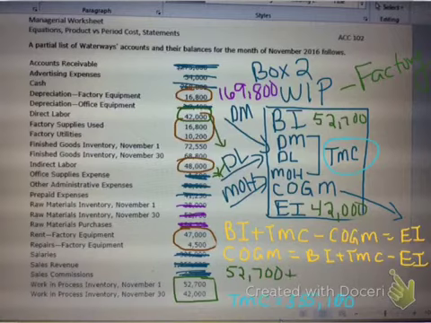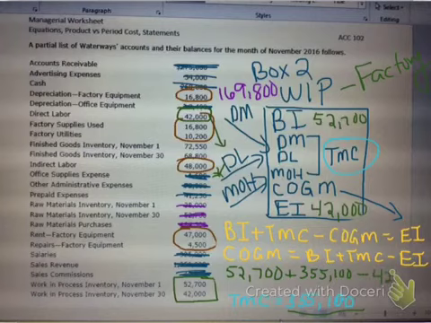Our total manufacturing cost was right here at $355,100, and then our ending would be at $42,000. And so if we put all of this in, what we find is that our total cost of goods manufactured is actually going to be equal to $365,800.